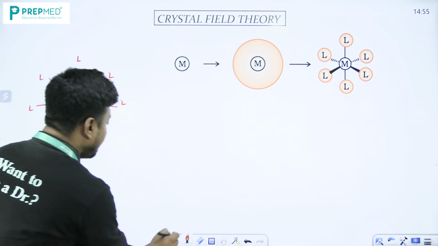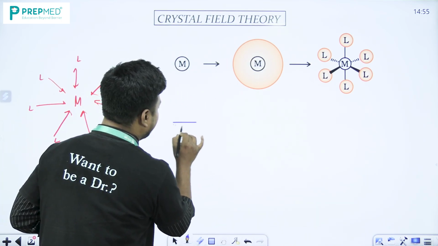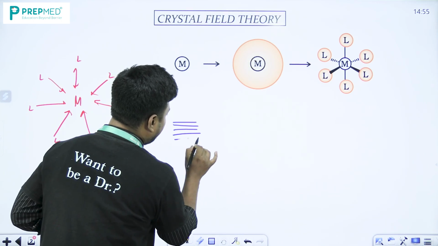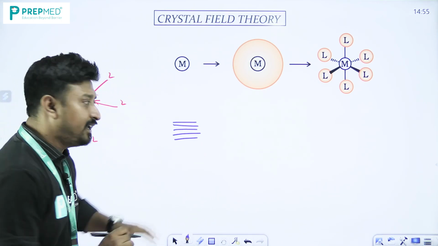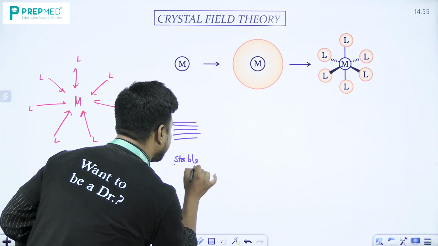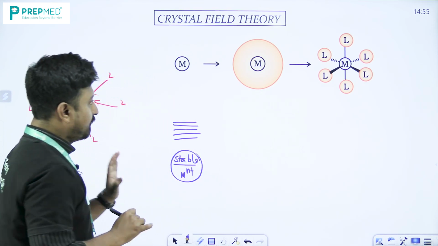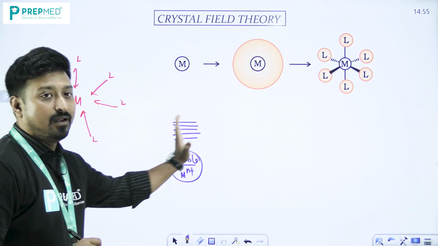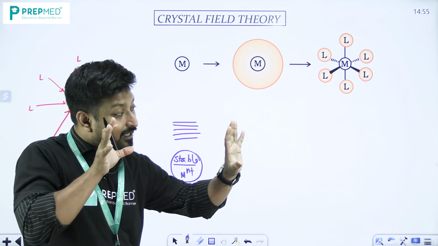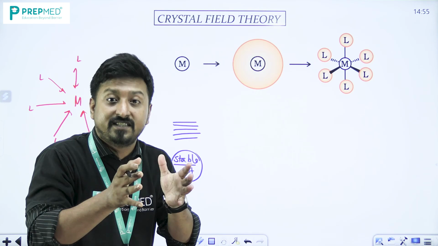Initially the metal is in its initial state, which is called the ground state, a stable state, and this is your metal M n plus. Now the ligand approaches. Definitely when a ligand approaches towards the metal, the orbitals of the metal get energized.